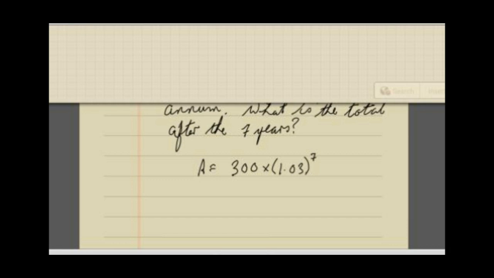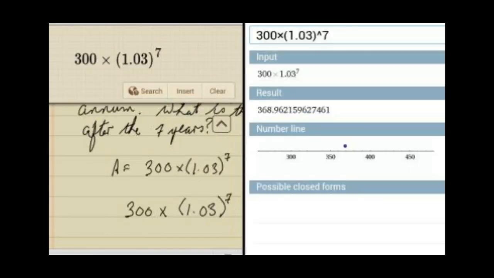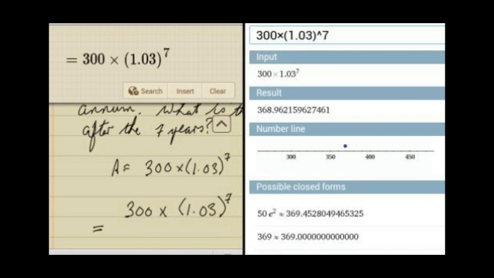So 300 times 1.03 to the 7. Okay? And the answer is 368.96.